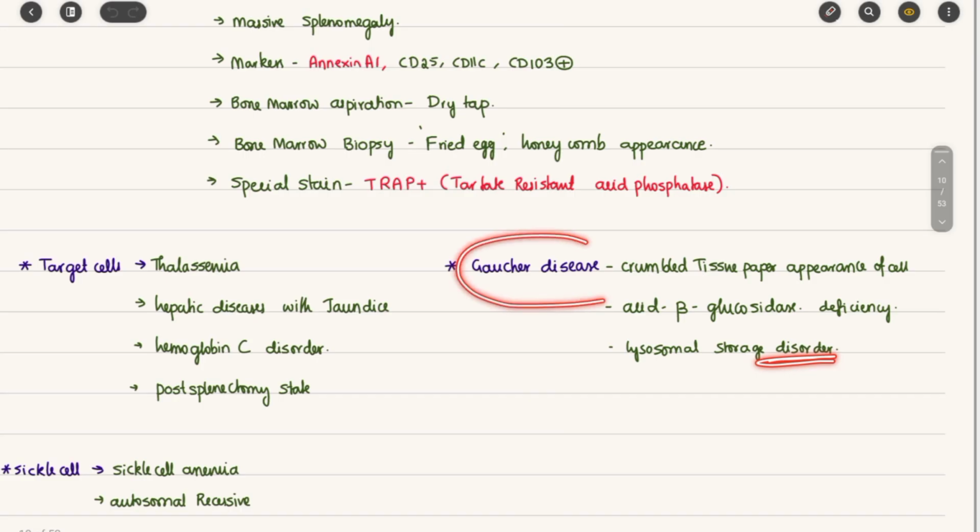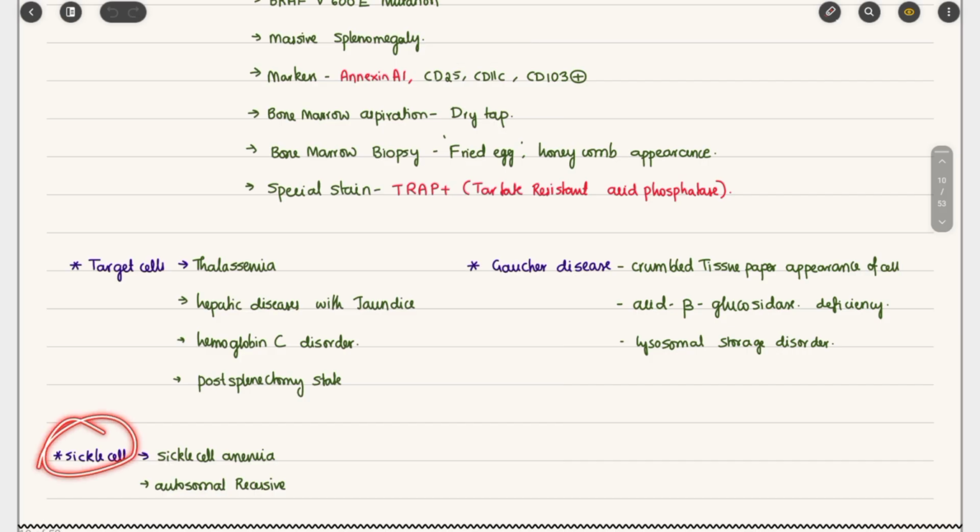This is very very important in biochem. Okay, sickle cell, already third time we are hearing the sickle cell disease, sickle cell anemia, which is the autosomal recessive.